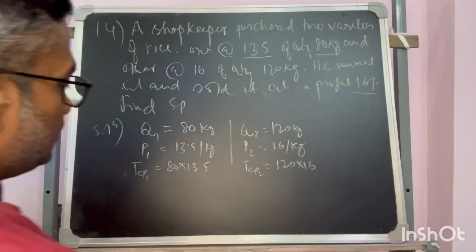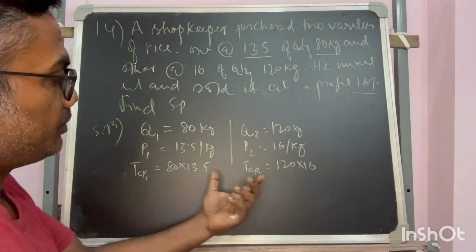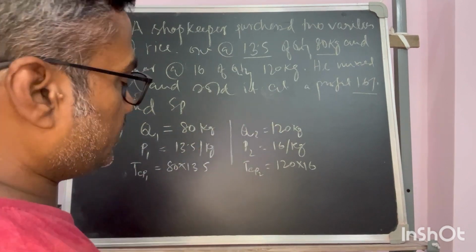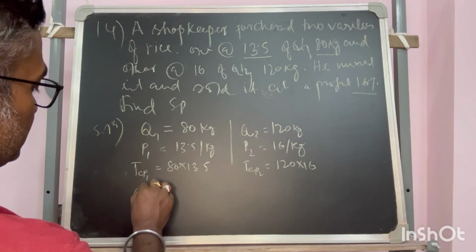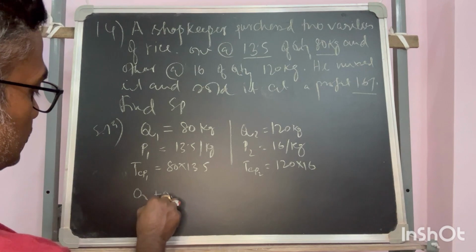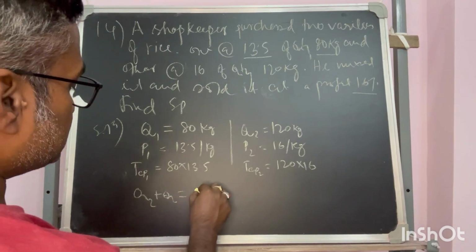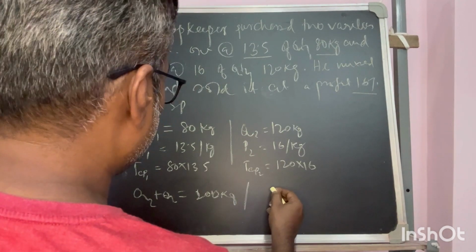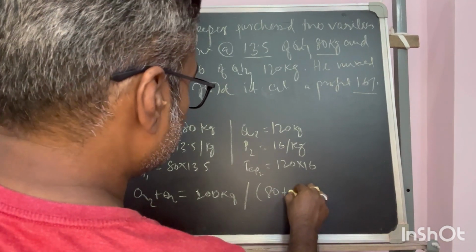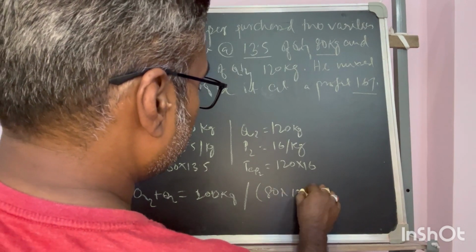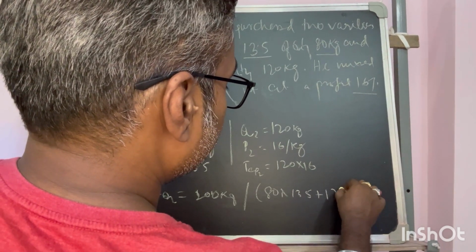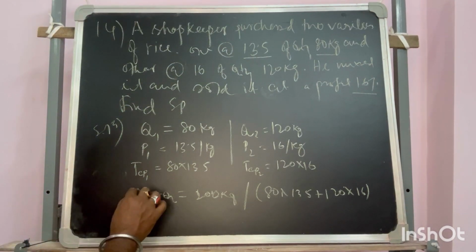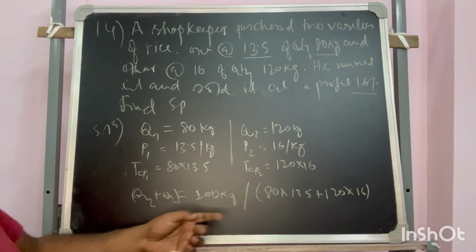Now the complete price is being added, consumed on the total quantity being added. So Q1 plus Q2, that means 200 kg is purchased by 80 into 13.5 plus 120 into 16. This is very true, you cannot deny that the complete quantity is purchased by this.